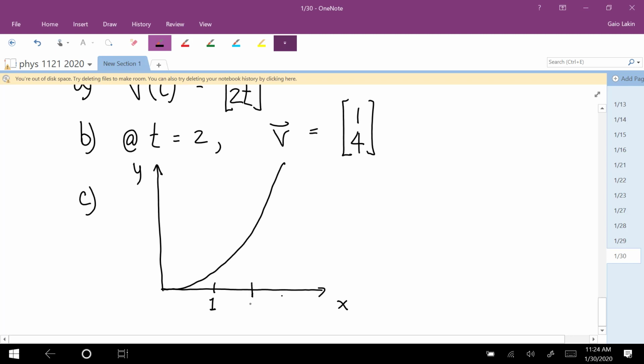This is 2. So here's the path. And at 2 seconds, the object is at this location here. And the velocity vector is tangent to the path at that instant. So that's the velocity vector at time equals 2.